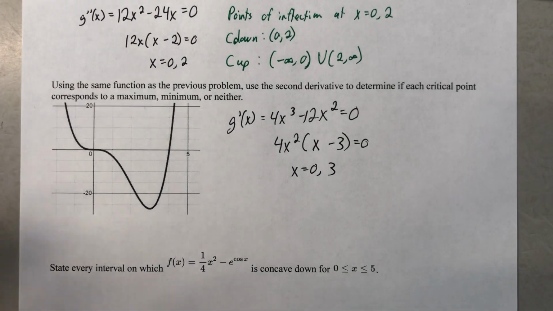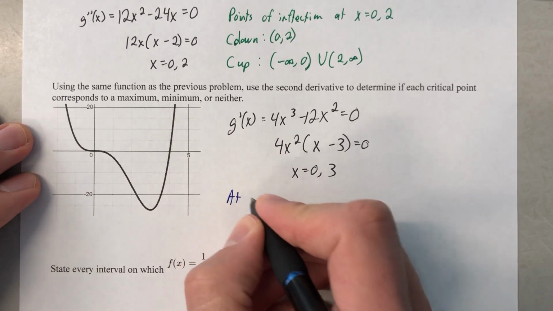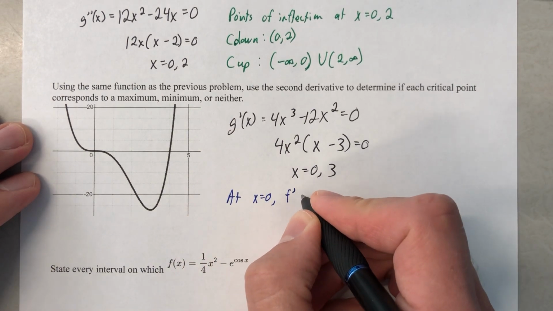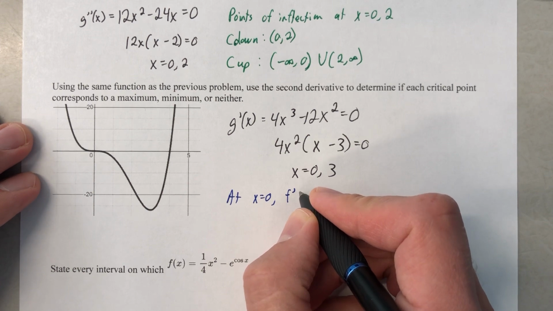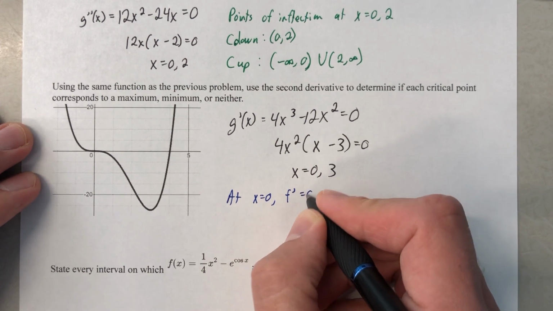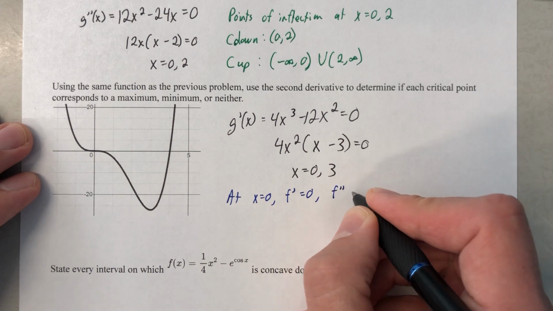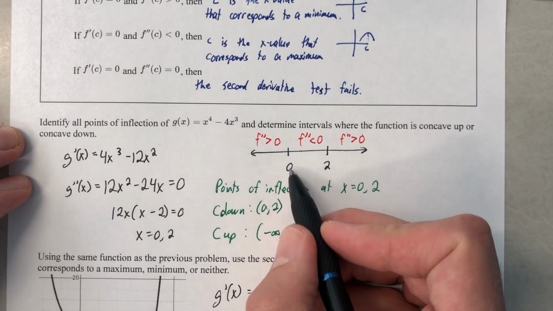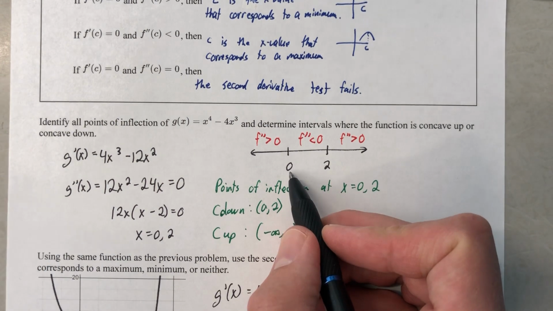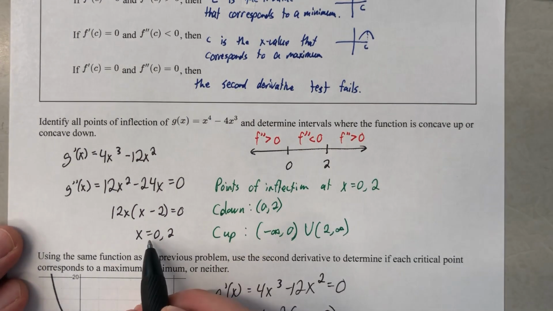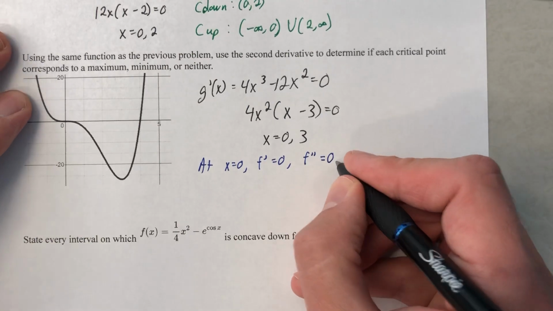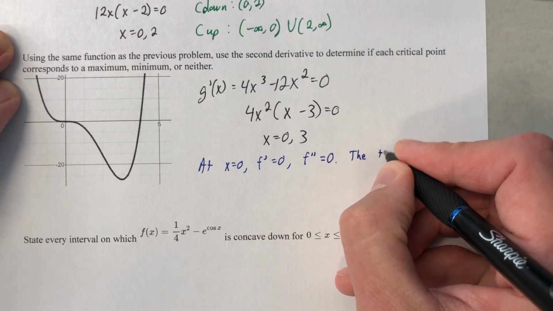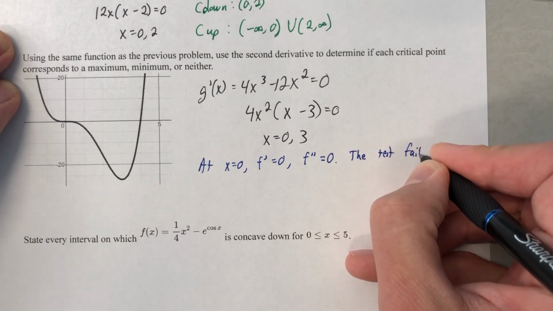So at x equals 0, the first derivative equals 0, and the second derivative is also 0. At 0, the second derivative is 0. That's where this came from in the first place. The test fails.